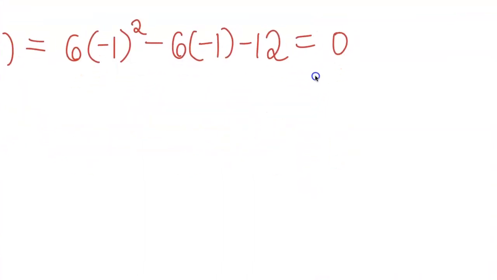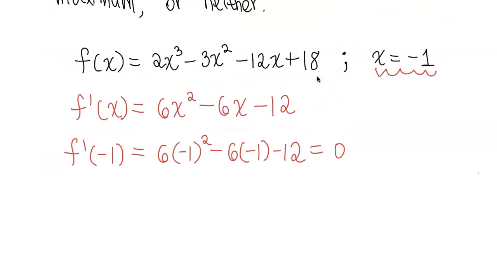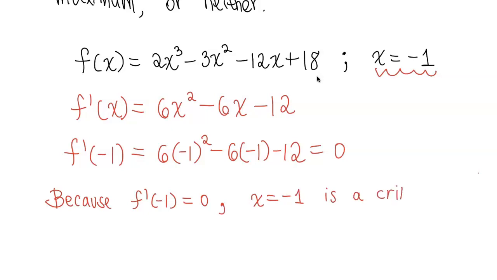Yay! So this is a critical value. Because f prime of negative 1 is equal to 0, x equals negative 1 is a critical value, or critical number they said. I like to call it critical value for f.